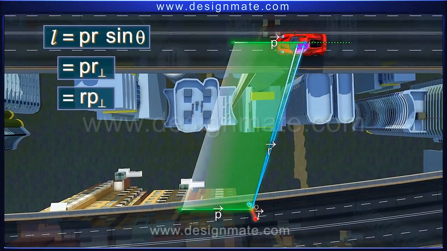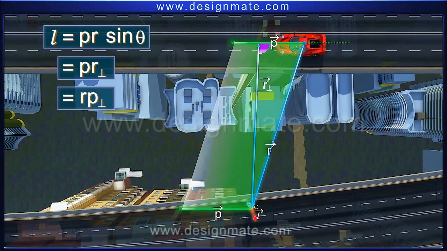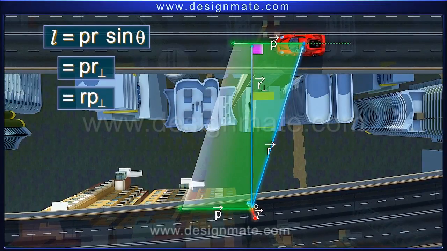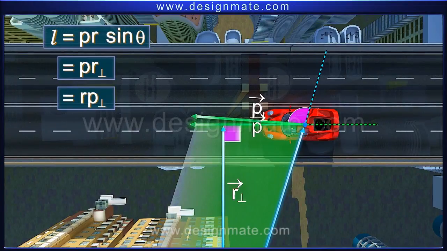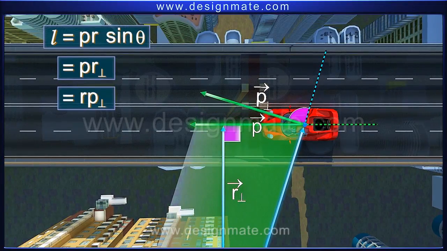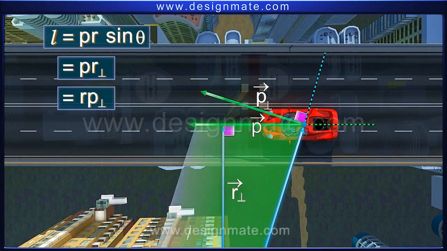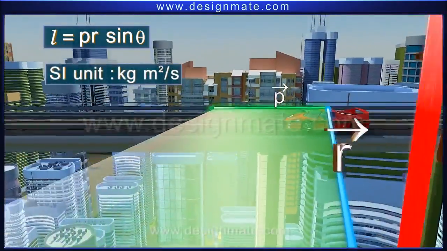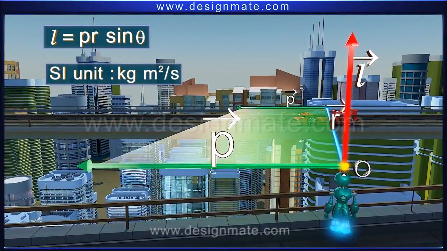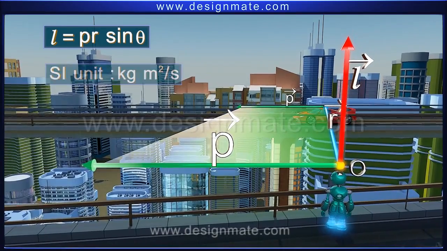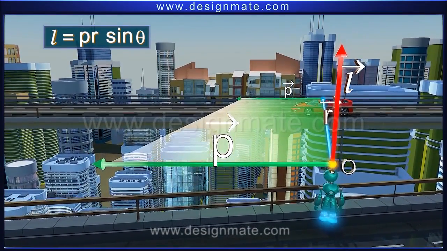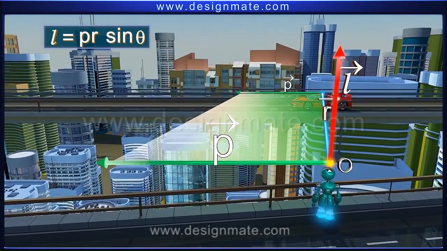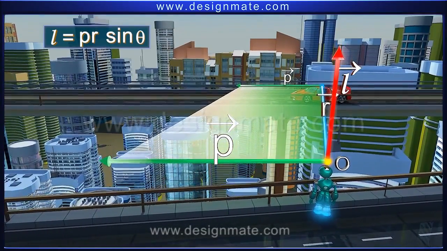Here, r perpendicular is the component of vector r perpendicular to vector p, and p perpendicular is the component of vector p perpendicular to vector r. The SI unit of angular momentum is kilogram meter square per second. Clearly, for the observer standing at O, the car always has some finite angular momentum.